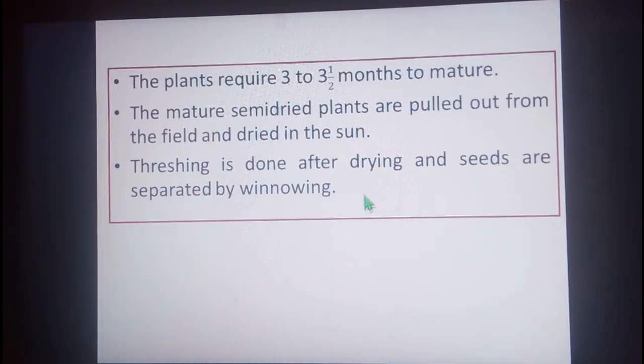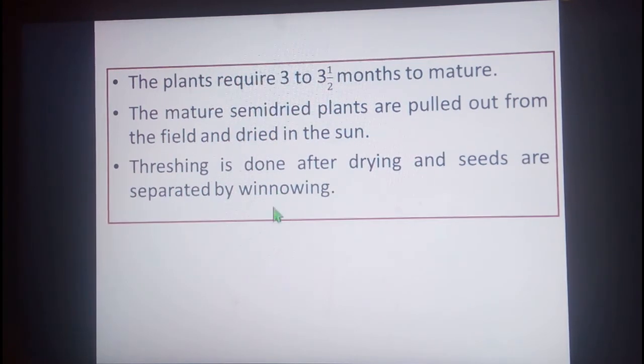The plants require 3 to 3.5 months to mature, and these mature semi-dried plants are pulled out from the field and dried in the sun. Threshing as well as winnowing is done after drying the seeds.